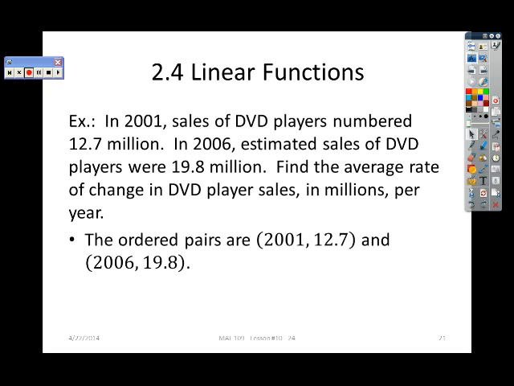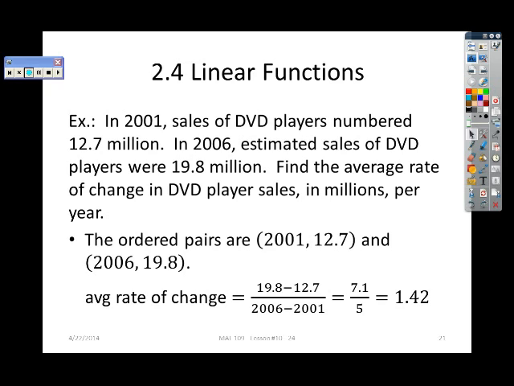That's another ordered pair. The definition of slope depends on using the values from two ordered pairs, an x and a y value from each pair. Using these as your two ordered pairs, you can calculate the average rate of change between 2001 and 2006.